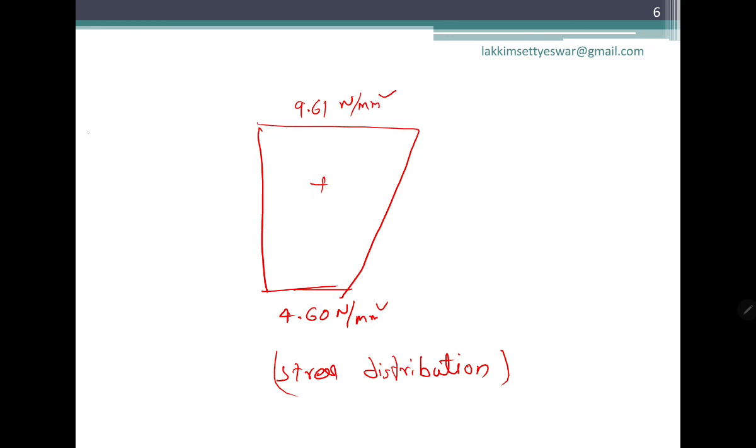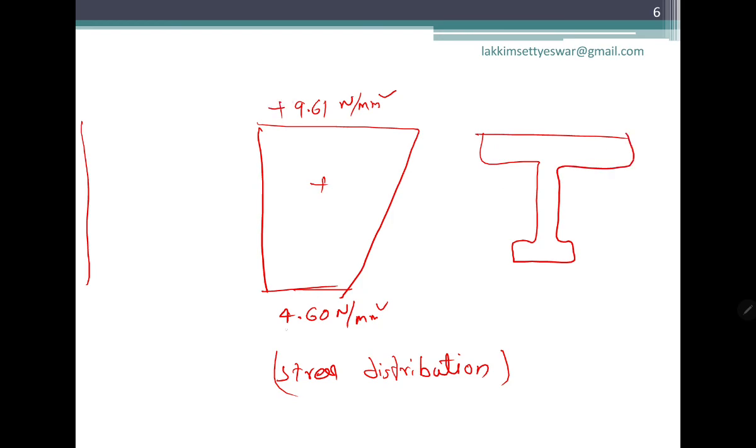At the top of the beam we have the stress 9.61, a positive magnitude, and at the bottom 4.60, also a positive magnitude. So both faces are in compression. That's all. Thank you for listening.